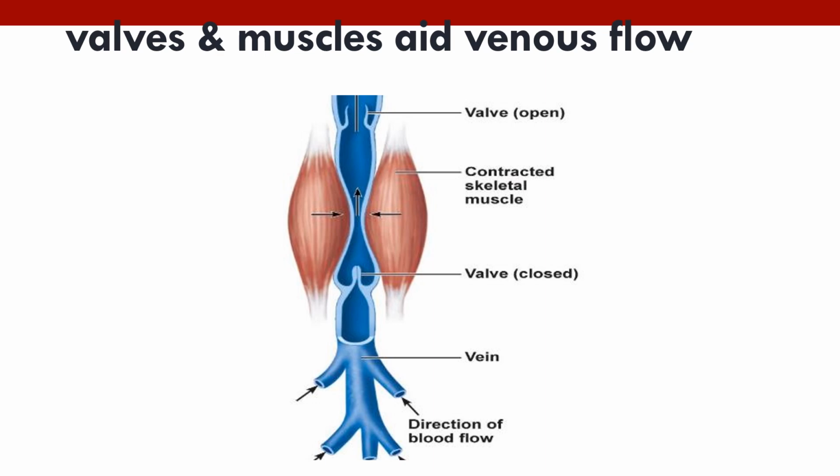When the skeletal muscle contracts, it squeezes the vein shut, or pinches the vein in that position. That pushes some of the blood up and some of the blood down, but because of the system of venous valves, the blood that goes down is caught and actually ultimately ends up going up as well.